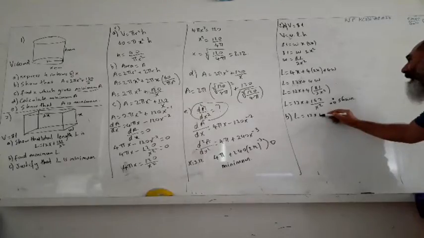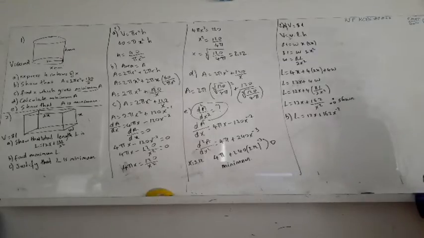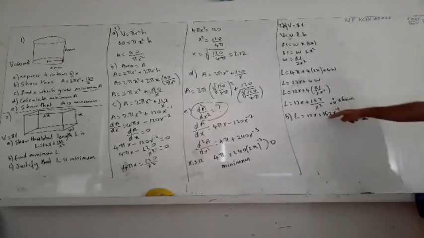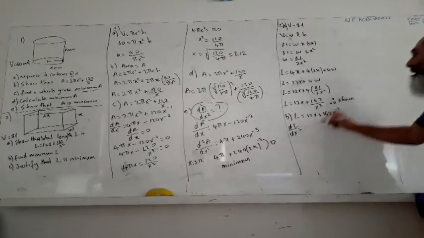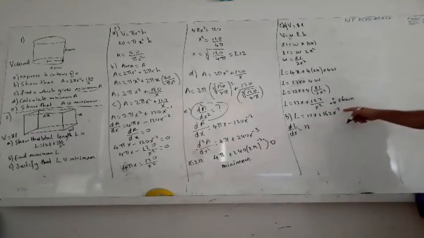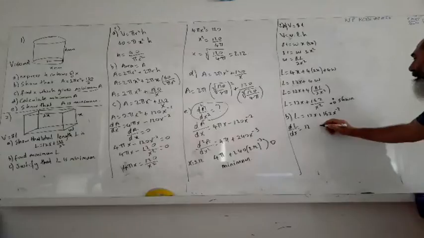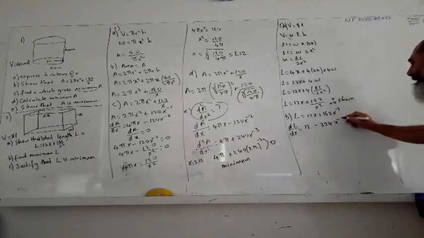I wrote this one in product form. dL over dx, the derivative of L with respect to x, is 12 minus 324x to the power of minus 3.